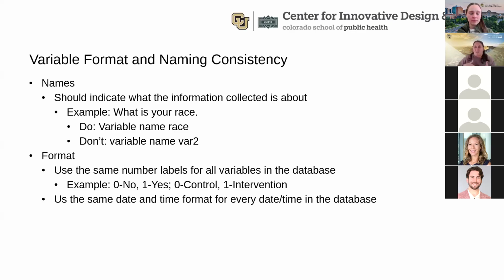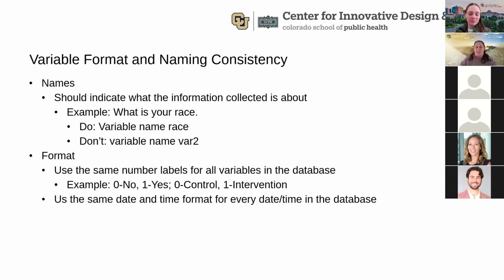Again, it makes it easier on the back end and also on the front end, because if you switch it up within different forms and different questions, you're more likely to make a mistake as you're entering the information. That has definitely happened to me when I wasn't the one that created the form, and I went in and thought, oh, I put this in wrong, because on this form it's month, day, year, and on this form it's year, day, month, or whatever.